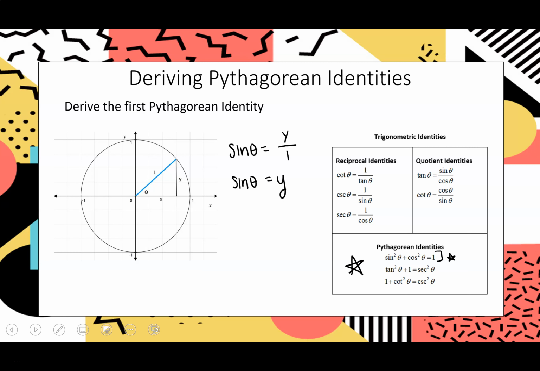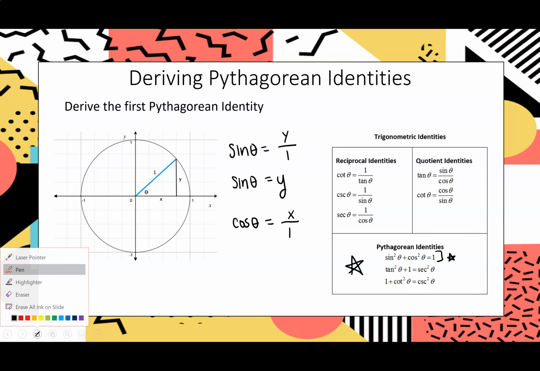All right, now let's solve for cosine theta. That's cosine theta equals adjacent over hypotenuse. And in this case, my adjacent is going to be x over my 1 right here. So cosine theta is going to be adjacent, which is x, over my hypotenuse, which is 1. If you're having a hard time with that, just know that we've got our opposite, our adjacent, and our hypotenuse, and we're just setting up trig equations and solving for them.